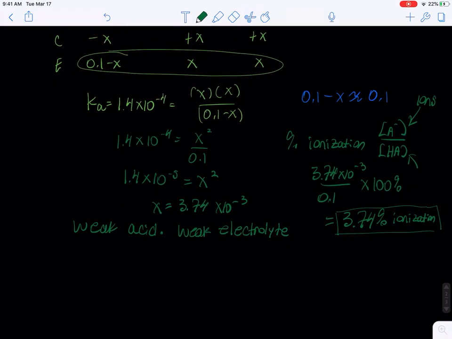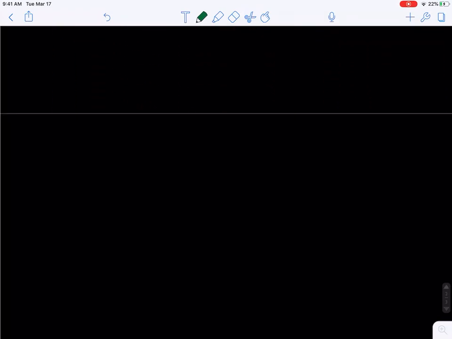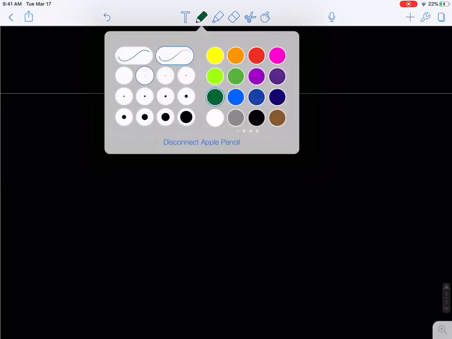Okay, let's do another practice problem. Write the equilibrium for Ka of hydrocyanic acid.